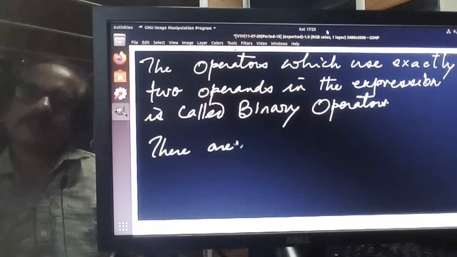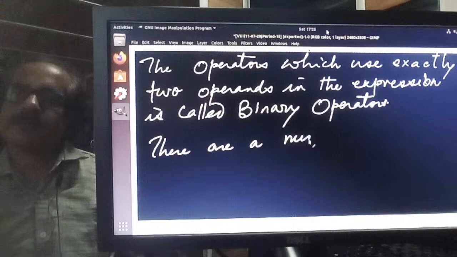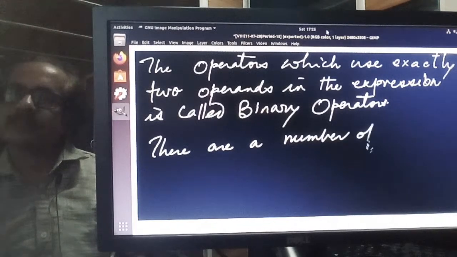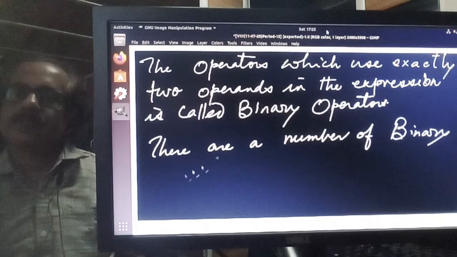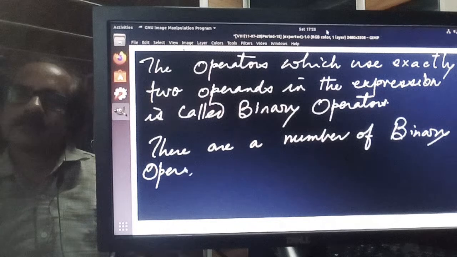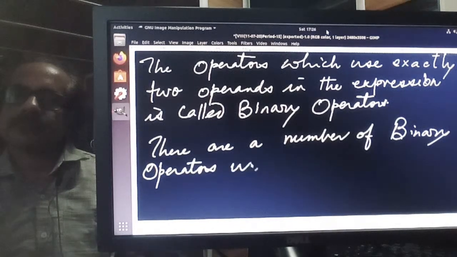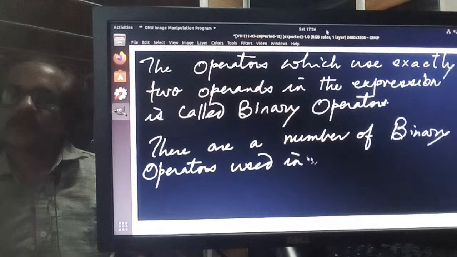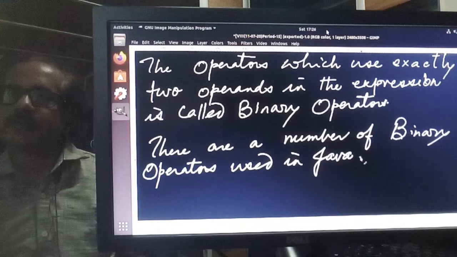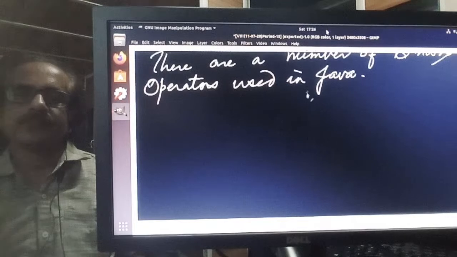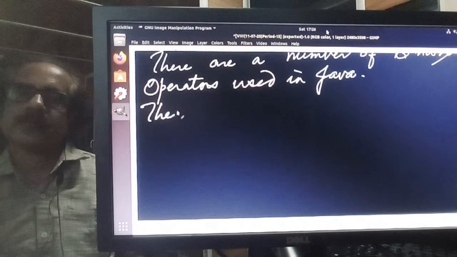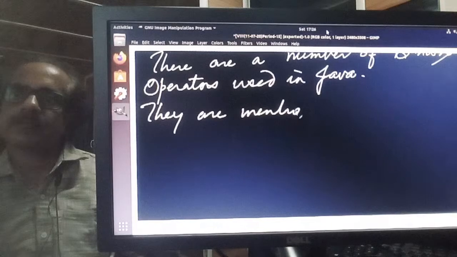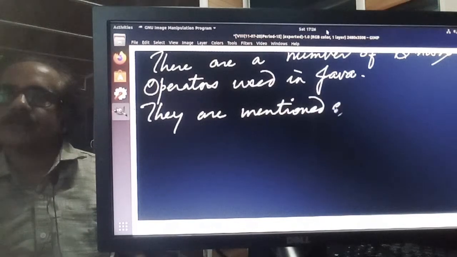There are a number of binary operators used in Java. They are mentioned as follows.